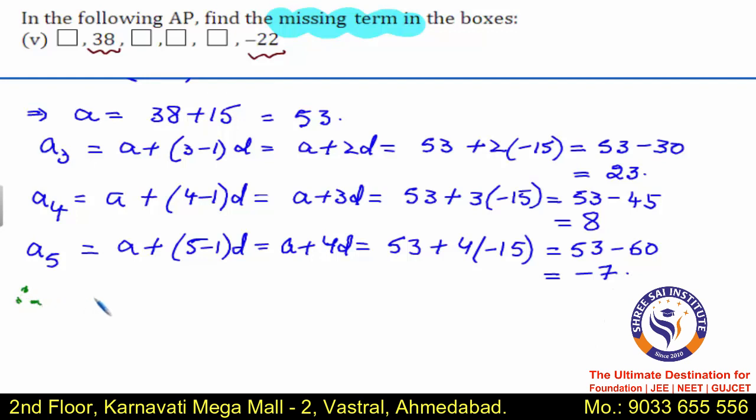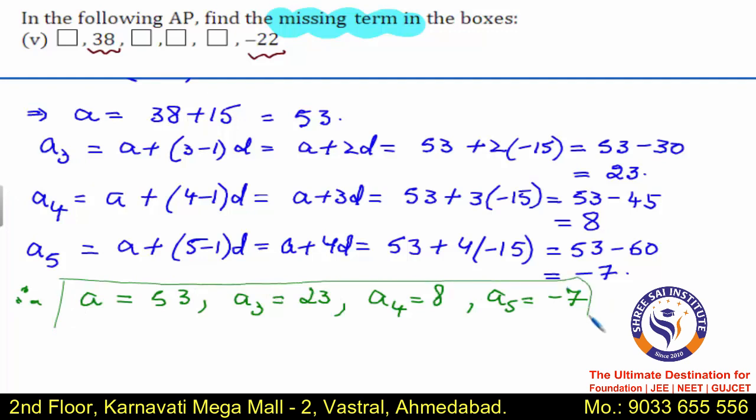Therefore, the first term a is 53, third term is 23, fourth term is 8, and the fifth term is minus 7. So this is the required solution.